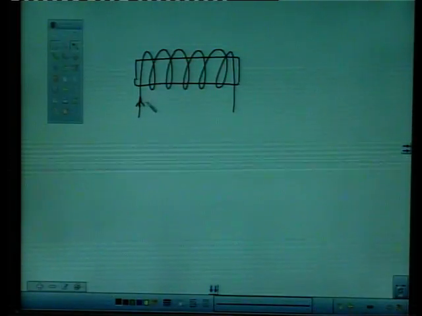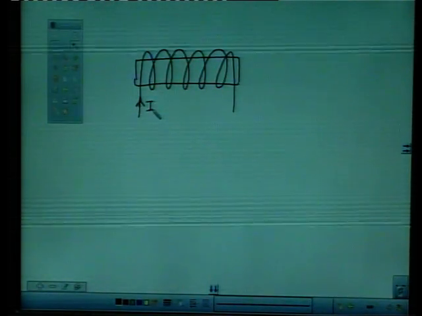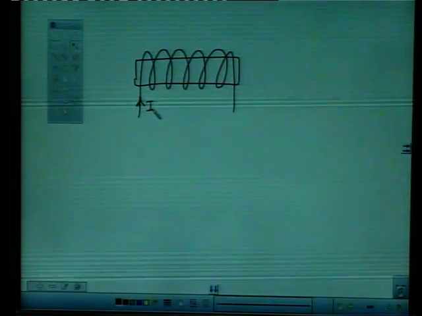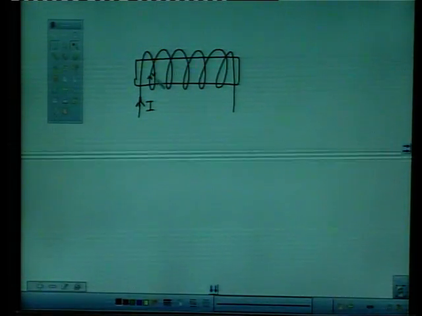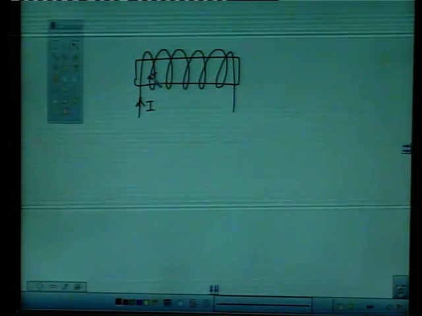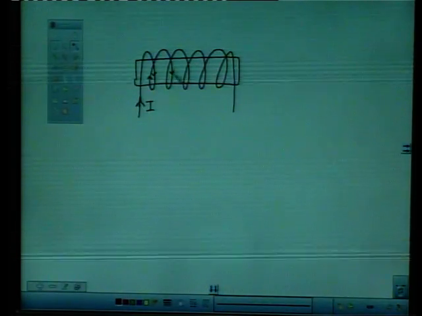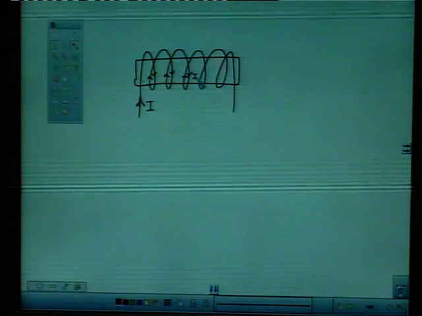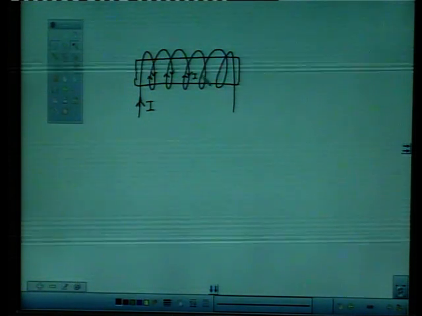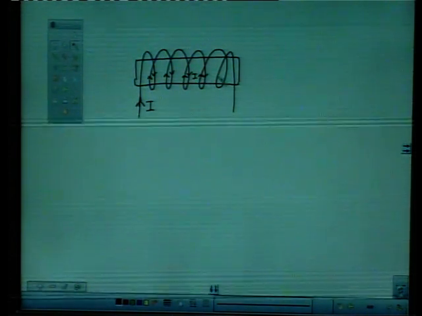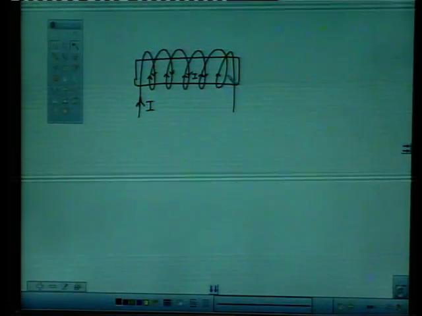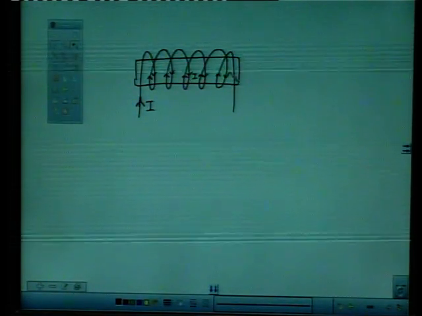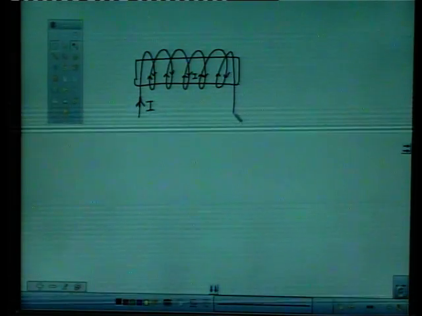This is the current I flowing in this coil. This is the direction of current in each coil. The same amount of current I will be flowing in each coil, and it will be in the same direction for each coil.